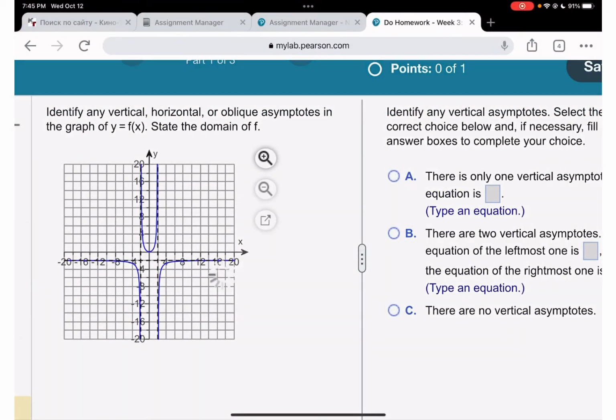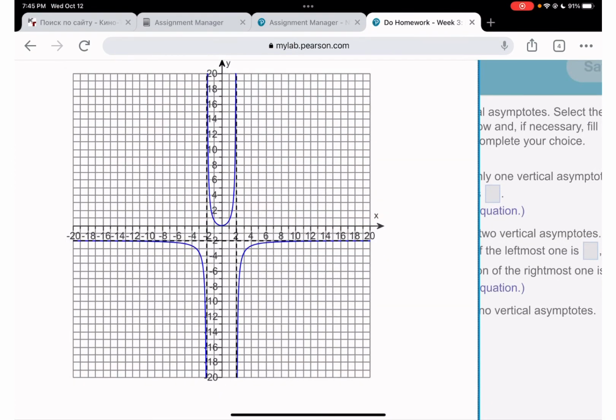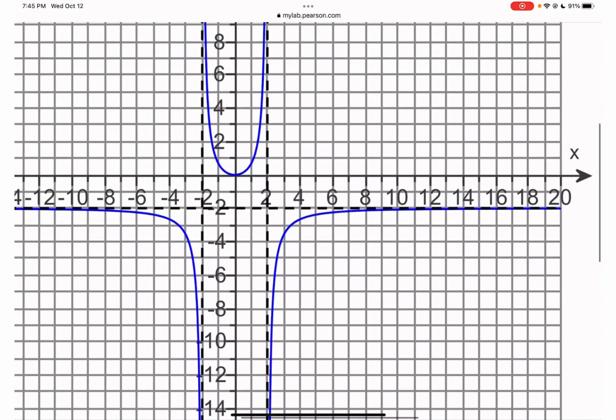When I zoom in, it looks like we have both. We have 2 verticals and 1 horizontal, right? The verticals run through negative 2 and positive 2 on x. And the horizontal runs through y equal to negative 2. Okay, let's go back and solve it.